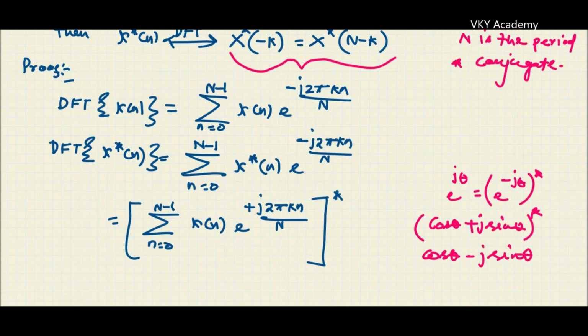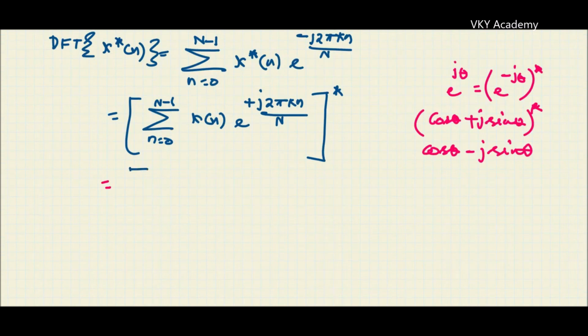We should always remember that the conjugate of e to the power j theta is always e to the power minus j theta, or the conjugate of e to the power minus j theta is always e to the power j theta. Similarly, we can write the conjugate of e to the power minus j 2 pi kn upon N as e to the power plus j 2 pi kn upon N.